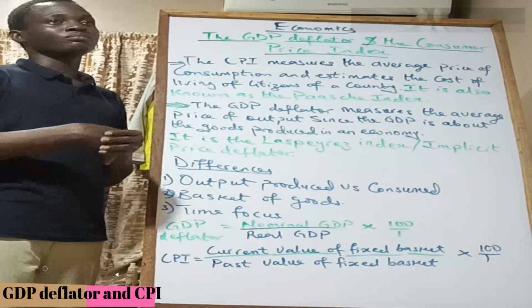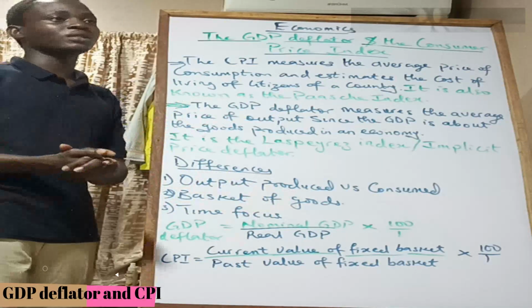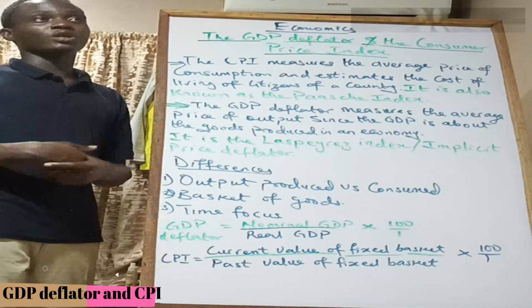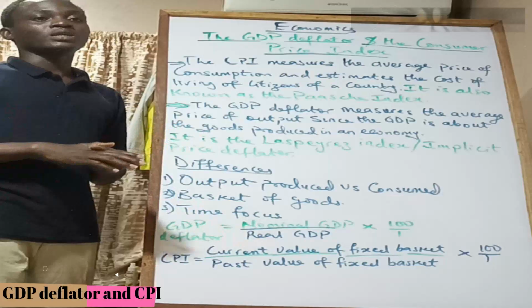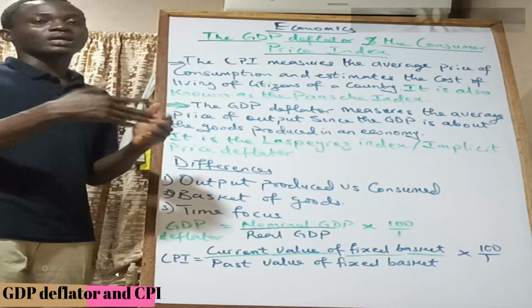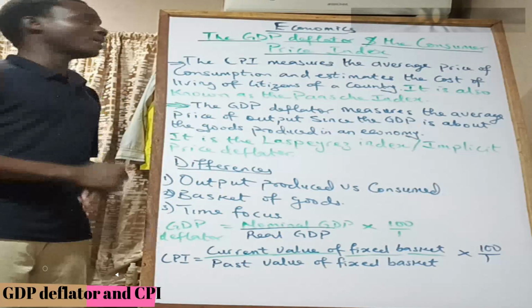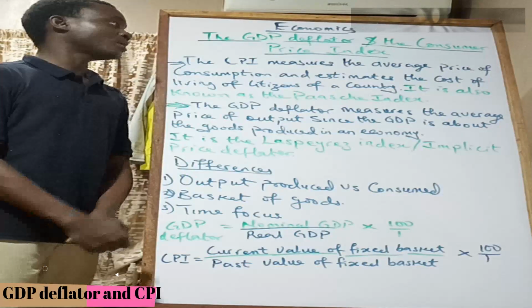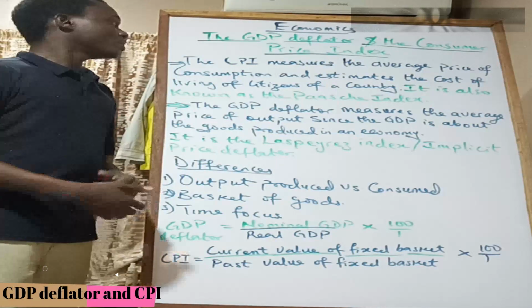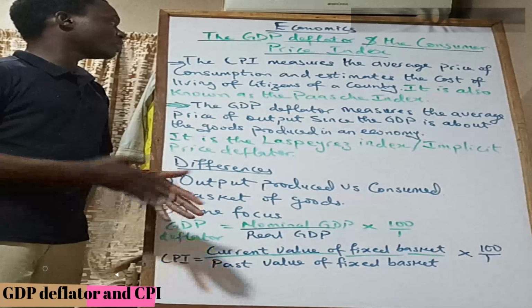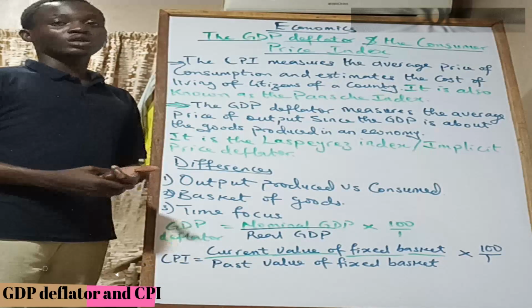He gets the price of all the goods and services that households are consuming in a given economy, finds the average, and then we can say, on average, this and that. I've said it's the same as the Paasche index. It is used to measure the cost of living of citizens in a country.